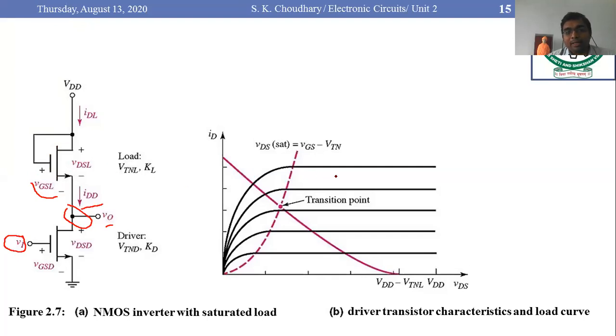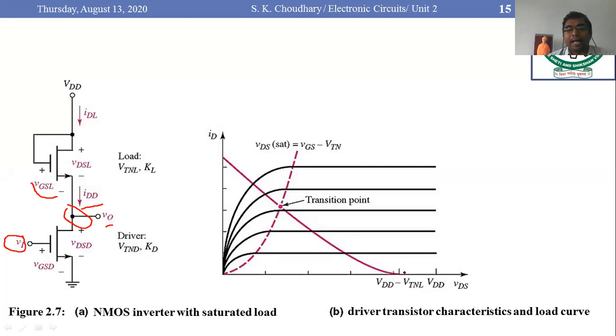Now come to this particular area, where the maximum value of your output is shown. If you remember the DC load line, a similar kind of line has been shown here.